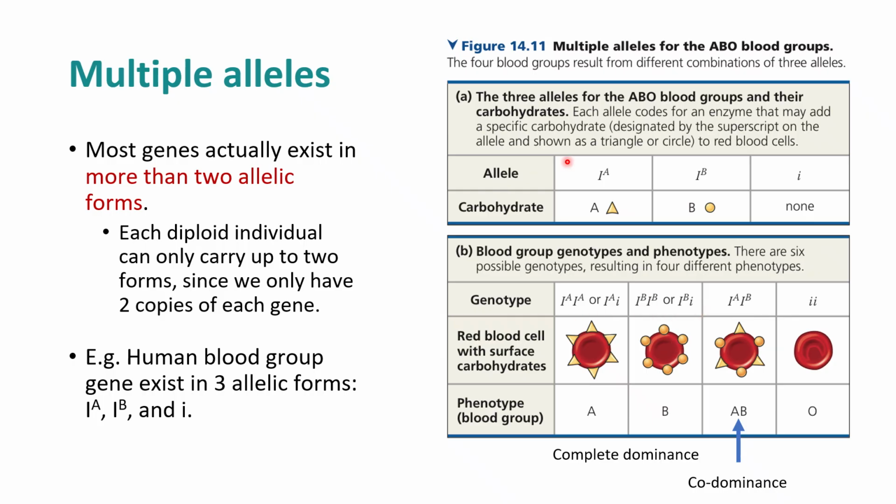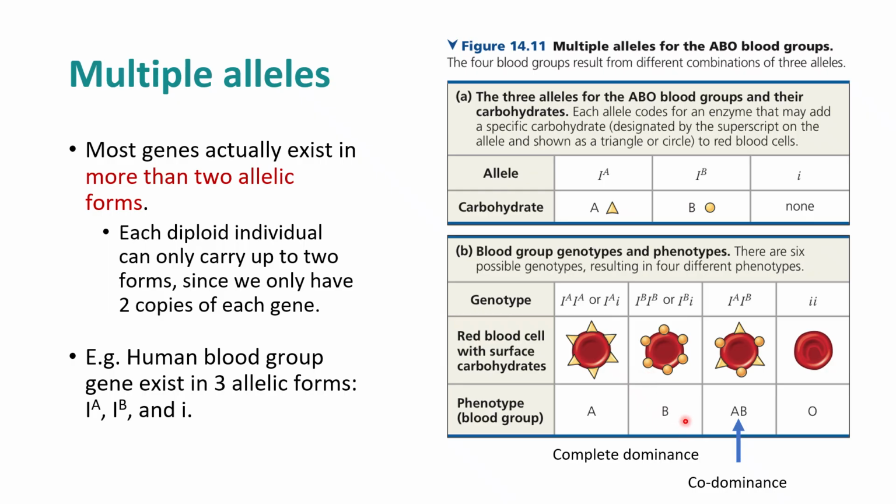We see what they code for up here, and down here in this bottom table, we see the different genotypes. If we have IA IA or IA i, the phenotype, the blood group, is going to be A. However, if we have IA and IB, those are codominant, so they're going to show up together. We're going to have both the A and B carbohydrate.